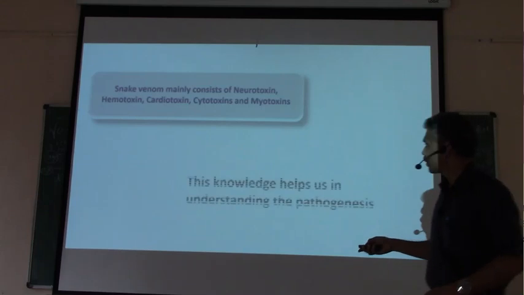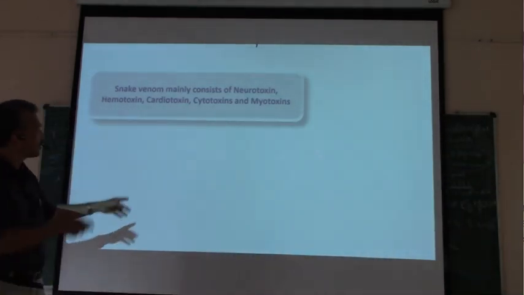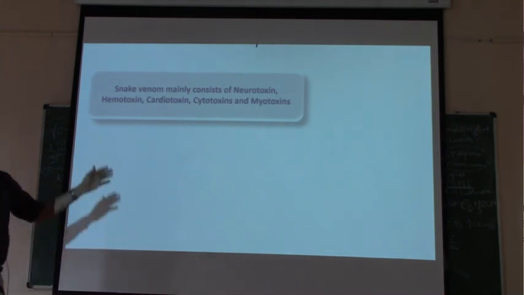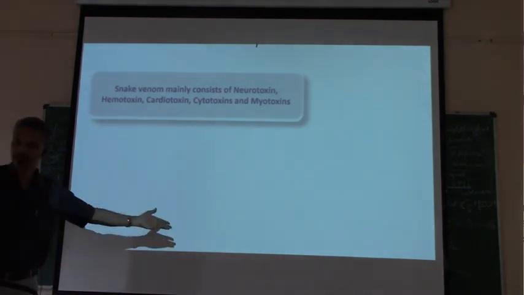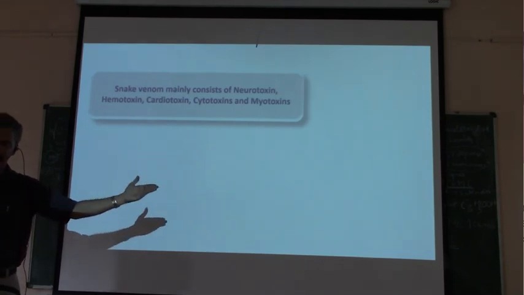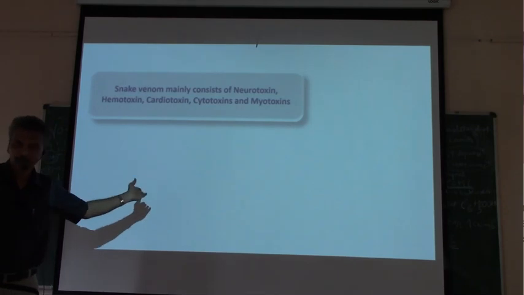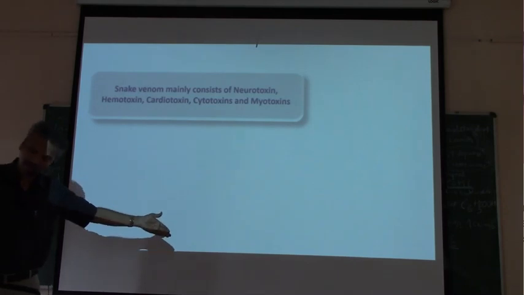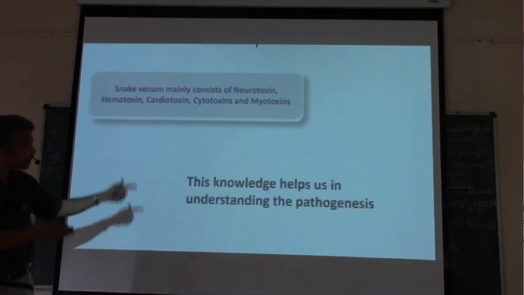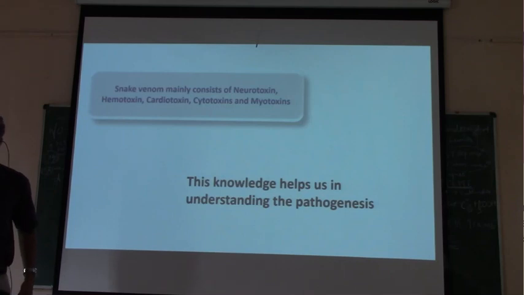Now why is this important? Any quick guess? Why am I trying to go deep into the bite? What happens when there is a snake bite, and now we are trying to understand why all those things happen. Very good. This knowledge will help us understand pathogenesis better.